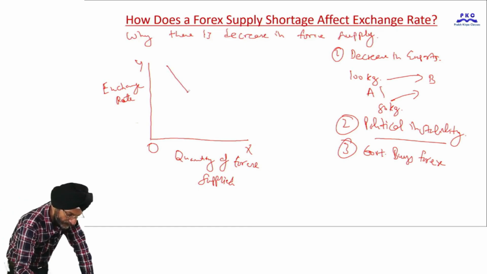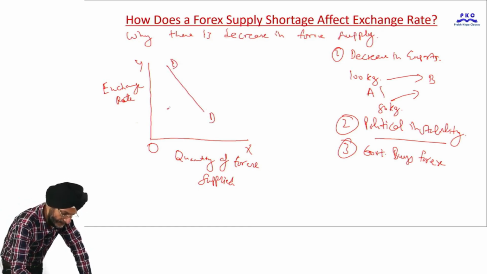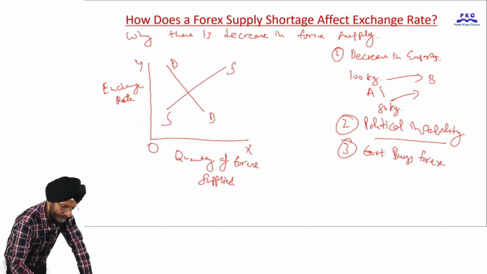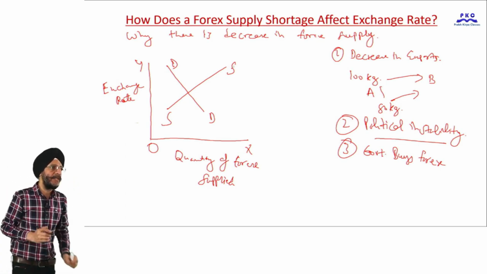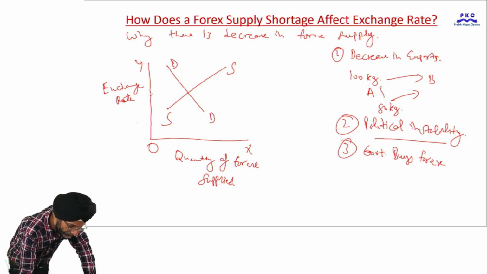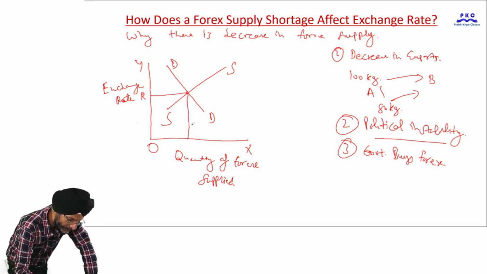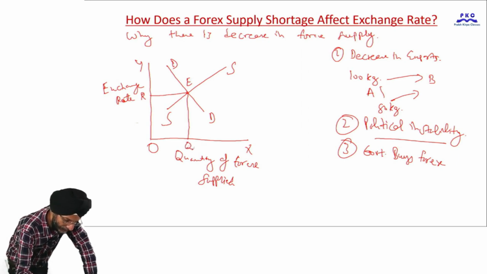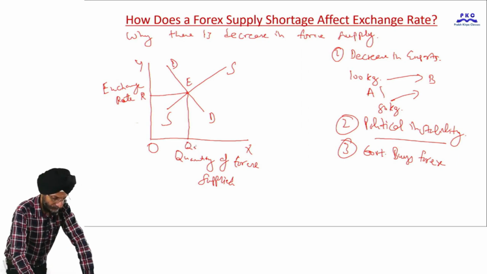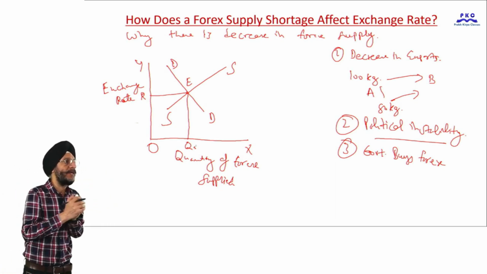Here, DD is the demand curve, which is downward sloping. SS is the supply curve, which is upward sloping. So due to the interaction of demand and supply curve, exchange rate is OR, equilibrium point is E, and the quantity supplied is OQ, the quantity of foreign exchange which is supplied.